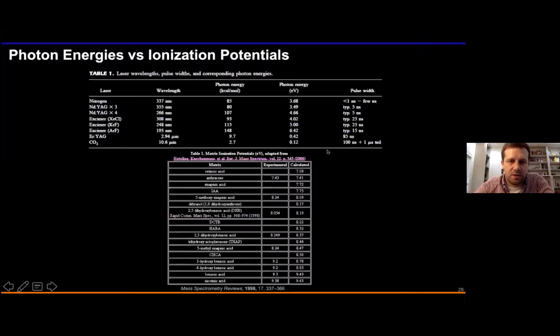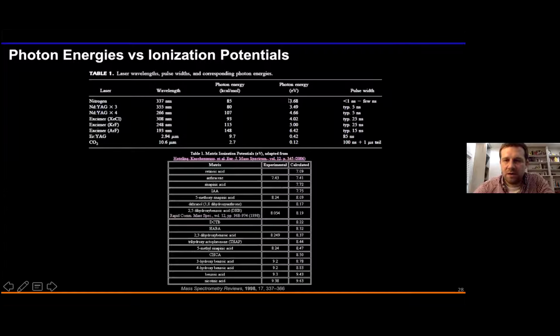And the reason for that is because of the ionization potential of a lot of the MALDI matrices that we use. So the photon energy for many of the different lasers that are used in MALDI, you can see here. A nitrogen laser or an neodymium YAG laser that's been frequency tripled are very common. These are probably the 2 most common MALDI lasers that are used in the field.